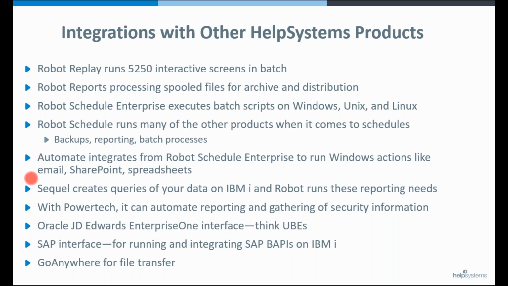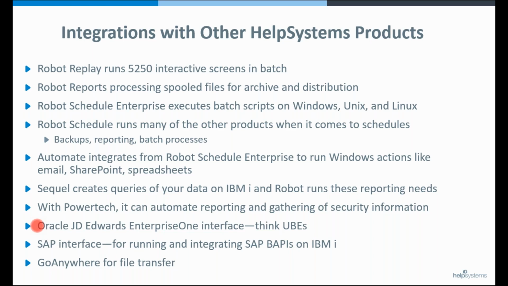We also have many customers that use our BI product, SQL or Showcase, and use Robot Schedule to automate those processes. We also can use it to run your security reports, like from PowerTech or other competitive security tools. No reason we can't do that. We also have special interfaces into JD Edwards EnterpriseOne.